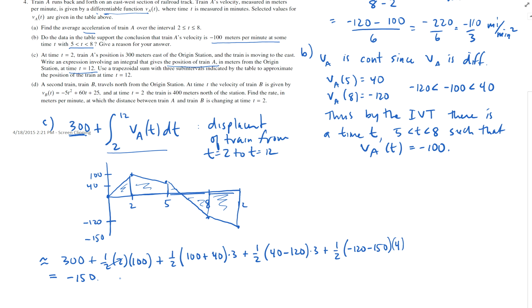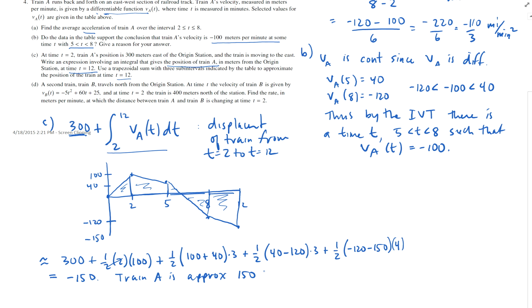So what does that mean? Train A is approximately where? What does the negative mean? 150. What was the question actually asking? Where's the position at time equals 12? 150.